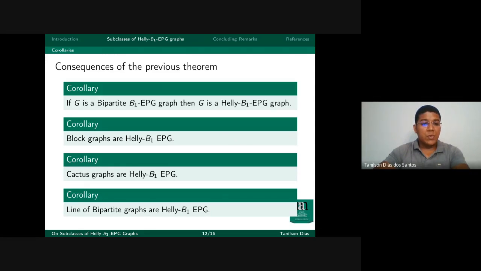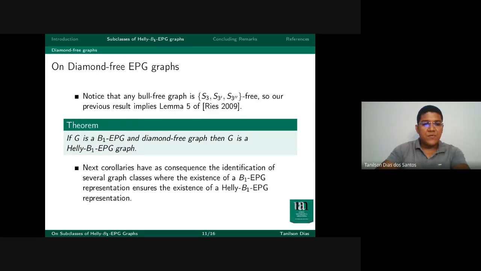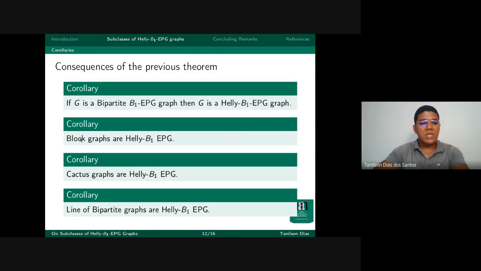Well, by literature, we know that block, cactus, and line of bipartite graphs are B1-EPG graphs. And by literature, we know that they are diamond-free graphs. Our previous theorem says that if a graph is B1-EPG and diamond-free, then G is a Helly B1-EPG graph. Then block, cactus, and line of bipartite graphs are Helly B1-EPG graphs.